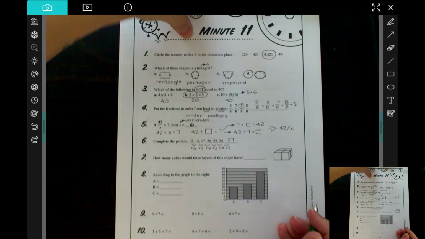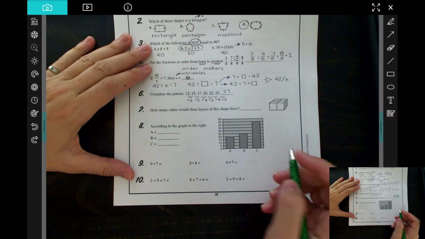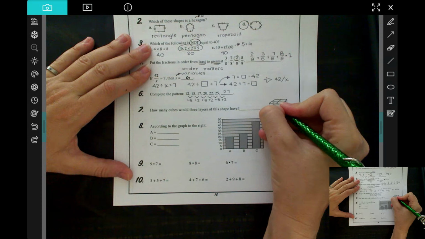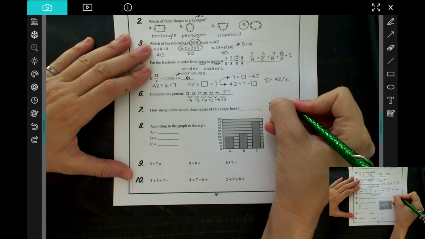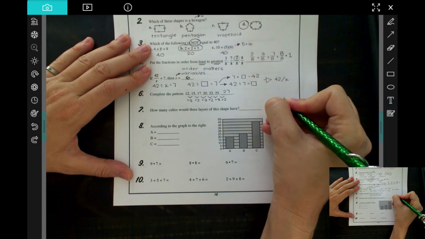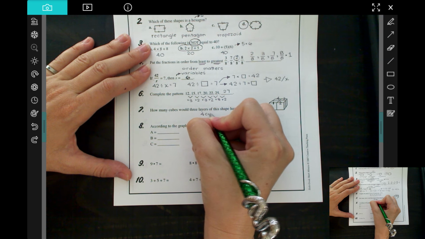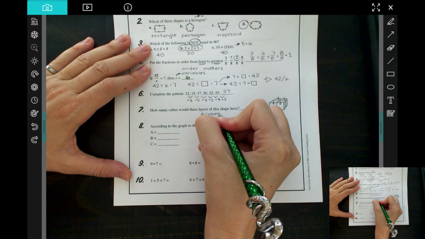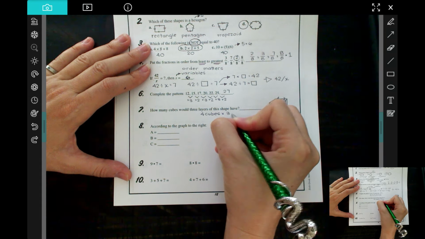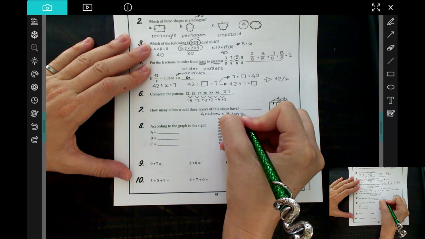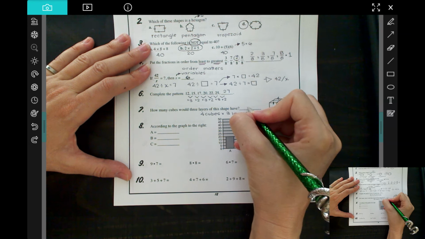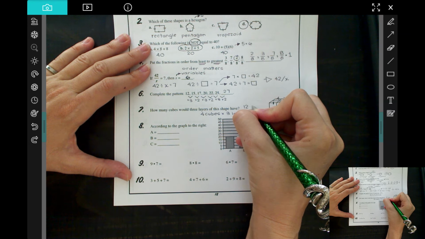All right. And then how many cubes would 3 layers of the shape have? Well, I have 1, 2, 3, 4 cubes in one layer. So 4 cubes times 3 layers is going to give me 12 cubes.